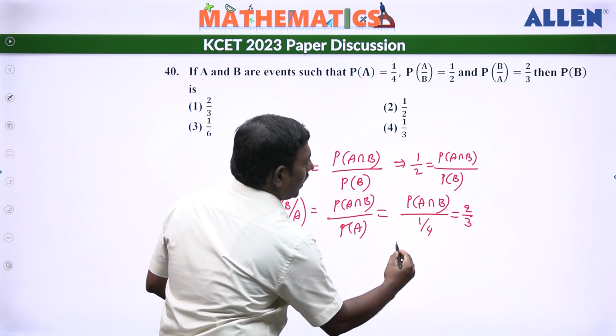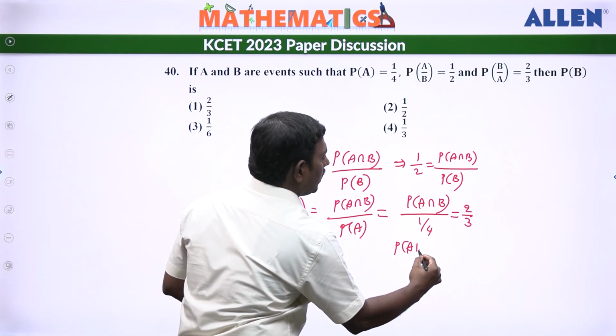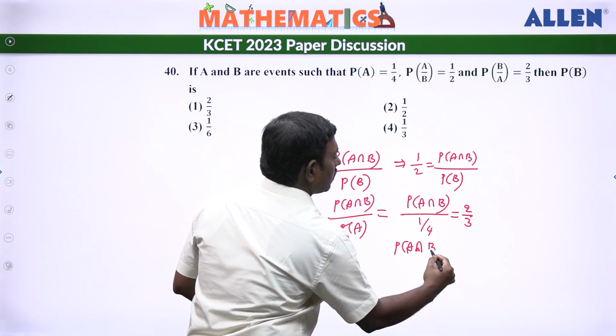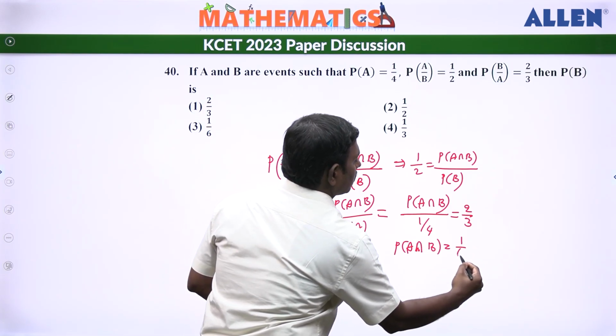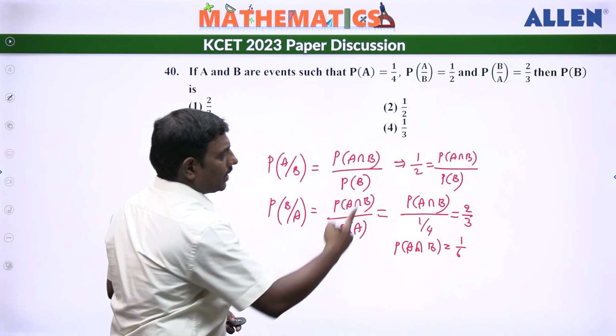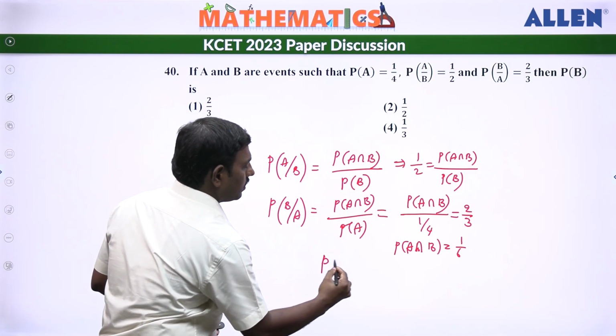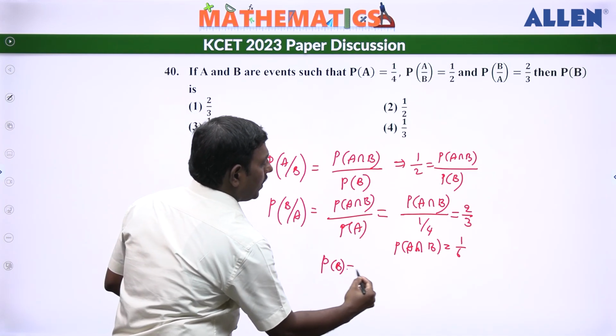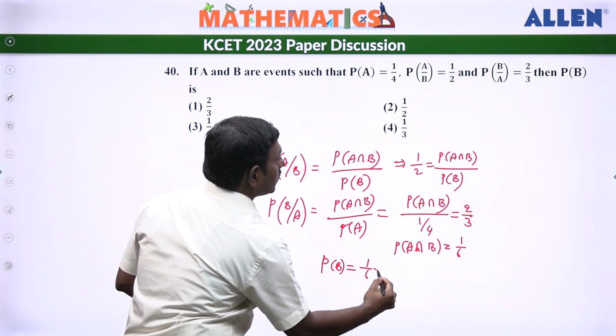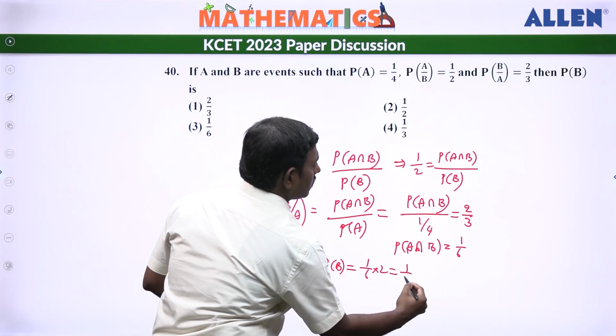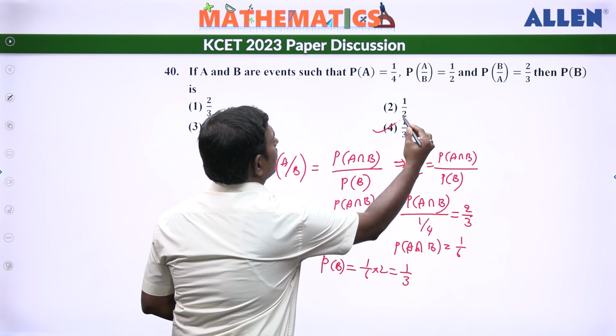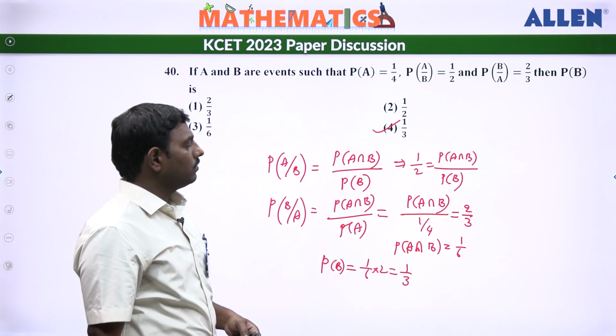So when you cross multiply, P of A intersection B is 1 by 6. Now substitute in the first equation, so P of B is equal to 1 by 6 into 2, that is 1 by 3. So for question number 40, the answer is 1 by 3.